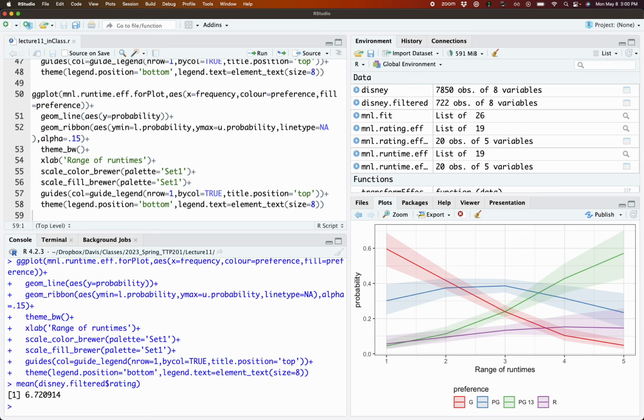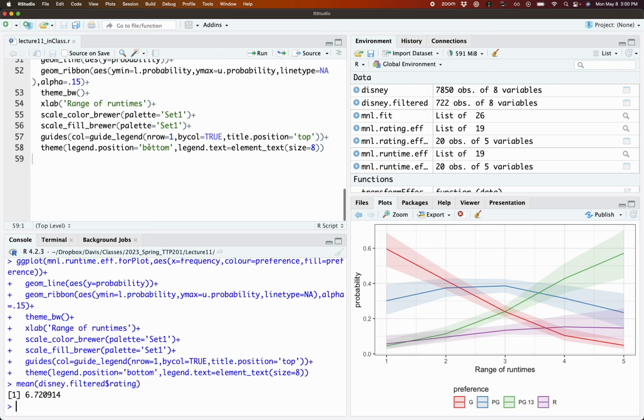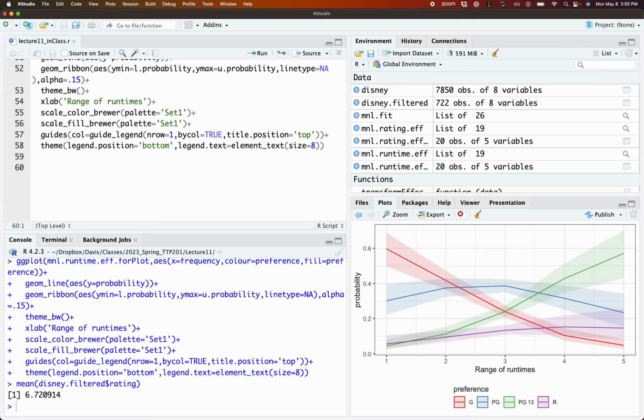None of these graphs tell us that when the lines overlap, the averages overlap, it would say at this runtime for the rating of 6.7, it doesn't matter whether it's rated as G or PG, PG-13 or R for a given runtime.